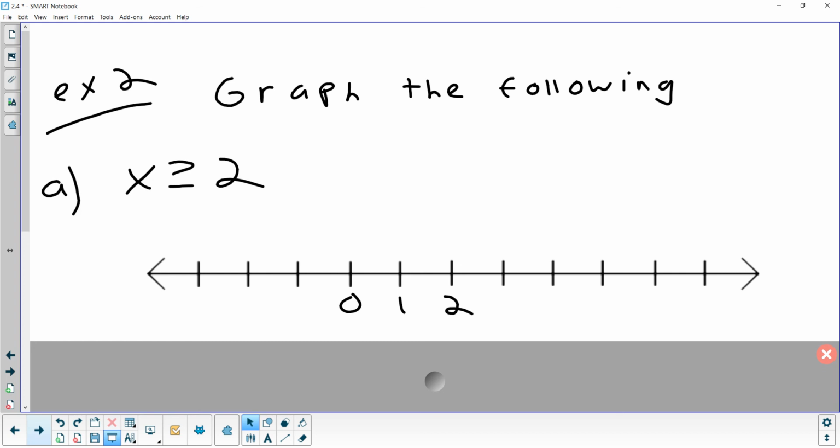You could also use, does anyone remember the other symbol we could use besides a filled in circle? We don't use this one as much, but we actually just used it in the notation we did before. Yep. A bracket. So you could do a bracket on 2 or a circle. We'll do a filled in circle. And Francesca, what do I do from there? You're gonna bring it to the right.